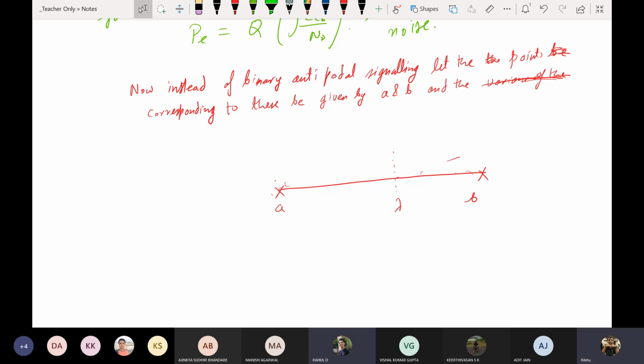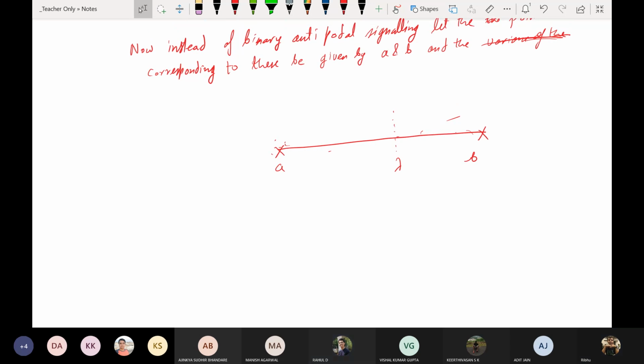In that case, for symbols, lambda equals, fine, I'm just stating this as a result.